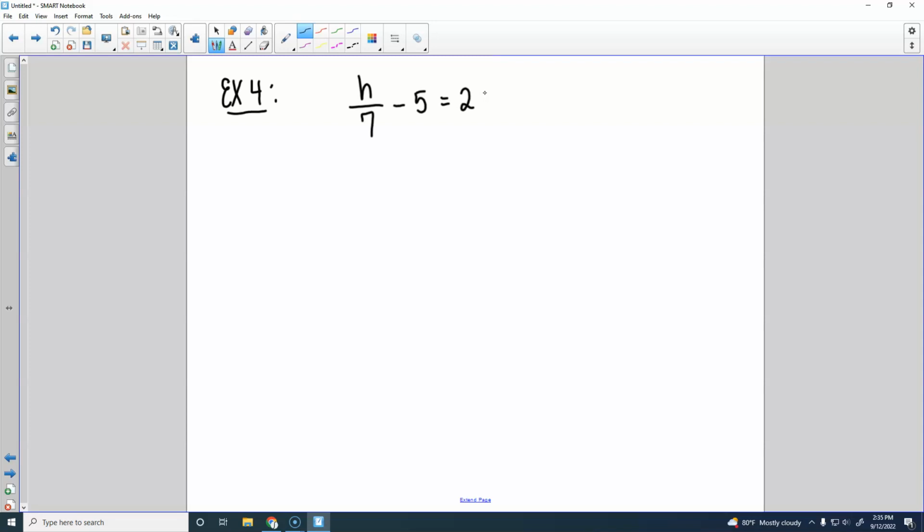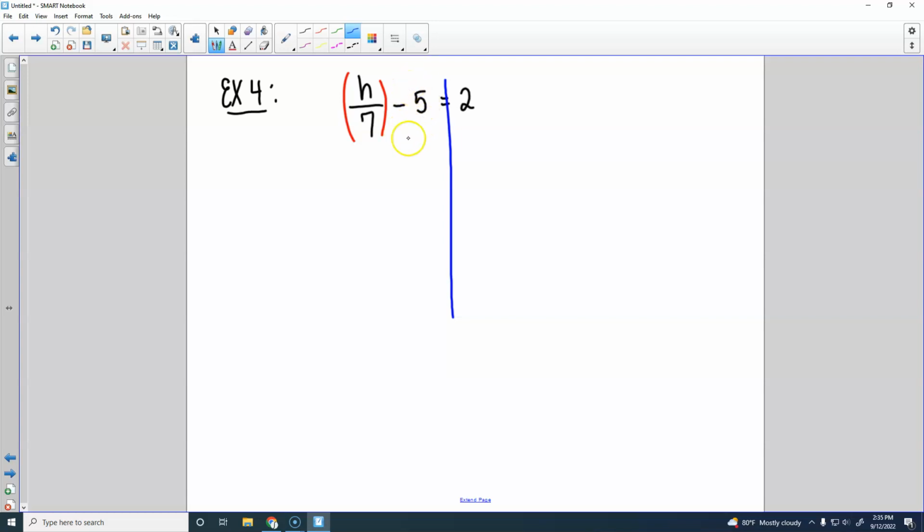It looks like it has a fraction in it, but it is a little bit different because the 7 does not divide everything. It only divides the h. So in this case, when we write a fraction this way, it's like there's implied parentheses around the h over 7. So we need to get rid of the 5 first in this case.